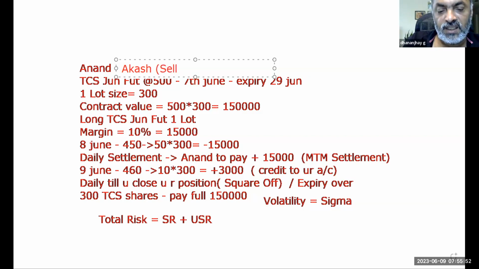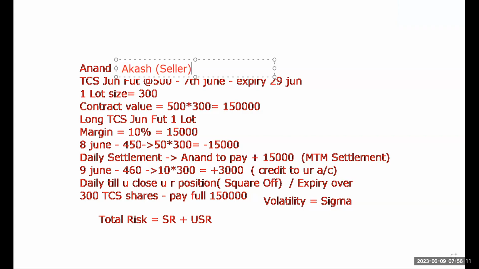If Akash is the seller, when TCS goes up from 450 to 460, Akash will get how much loss? 3,000 loss. Yes. So the exchange will take from Akash and give it to Anand.